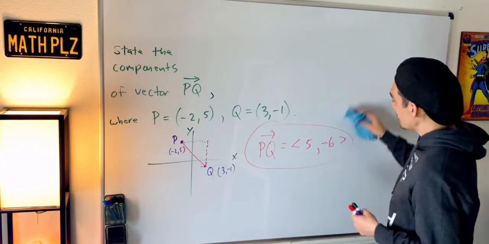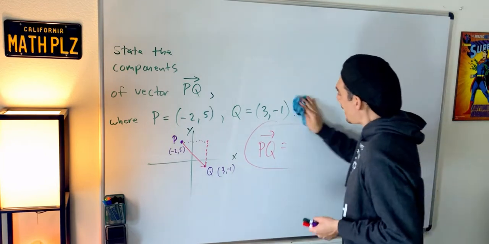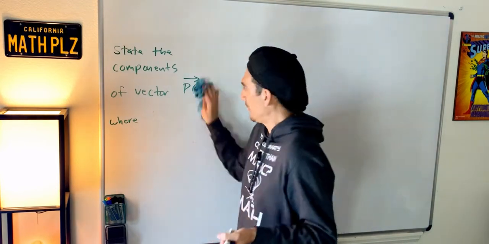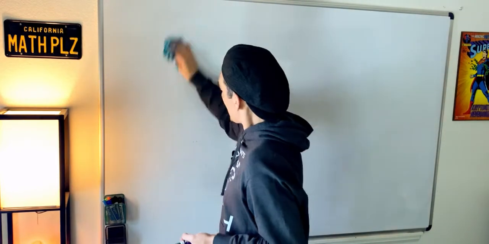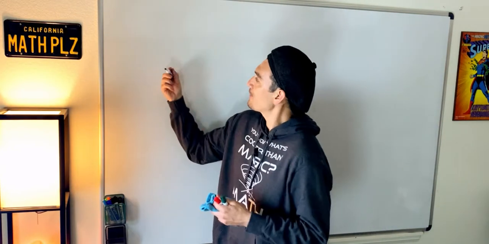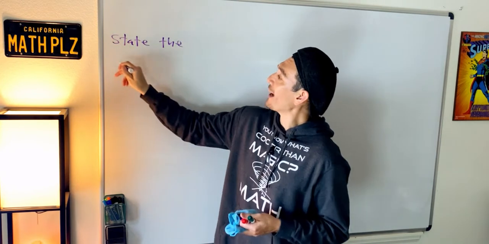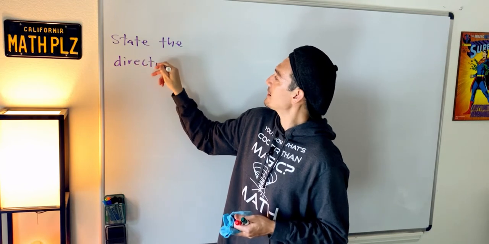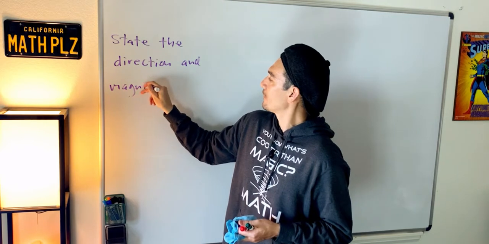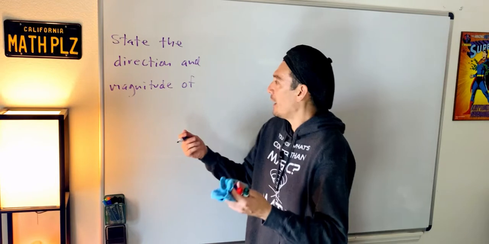Okay, so let's get this off the board, and let's do now, I suppose, a direction. Now let's discuss the direction, and we can also discuss the magnitude, okay? So another example: state the direction and magnitude of, and let me give you guys a vector here.